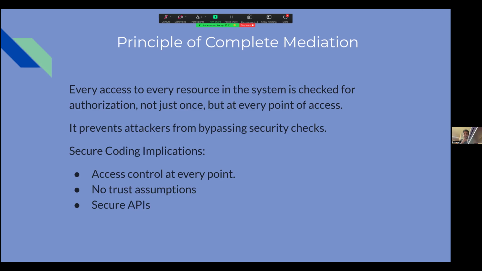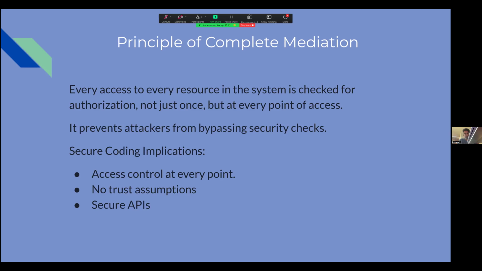Some of the coding implications here mean we are trying to control access at every point, right? You must check that every action, every request or input is authorized before allowing it to proceed.